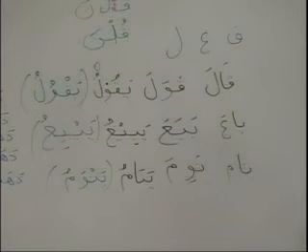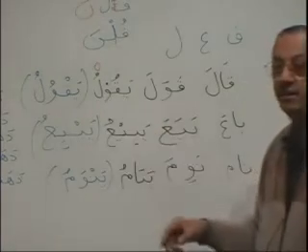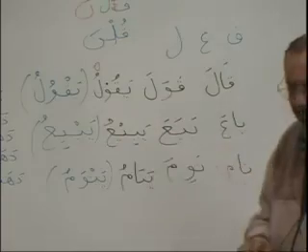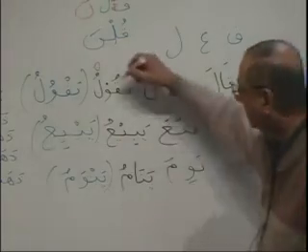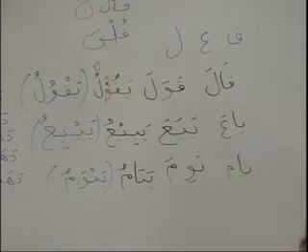Iltiqa as-sakinain. I cannot have that. But then I see one of them is a weak letter. So I have got my knife ready to chop it off. Are you with me, brothers and sisters? So what will it become? Yakul.